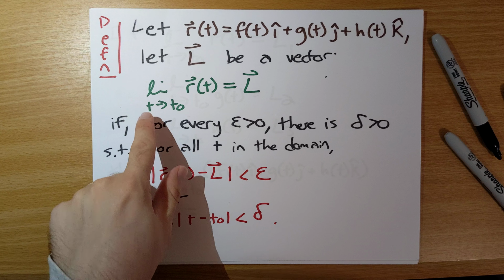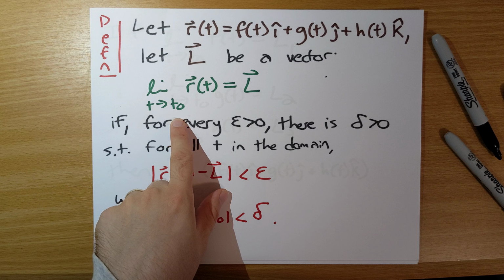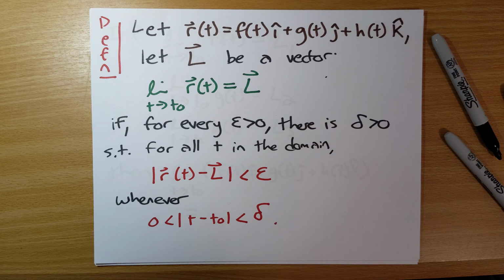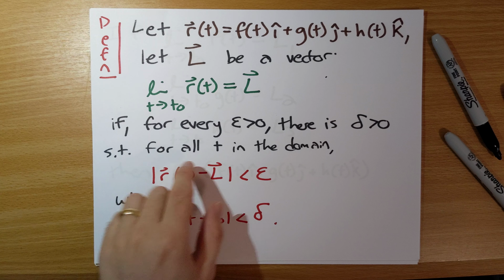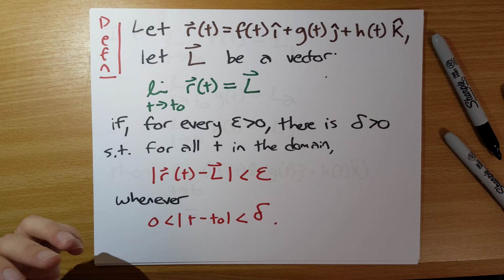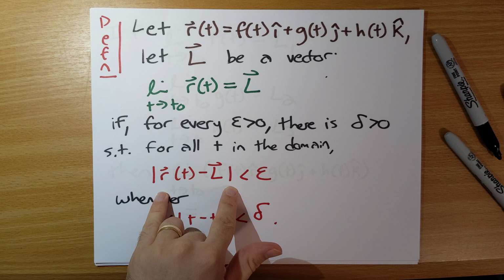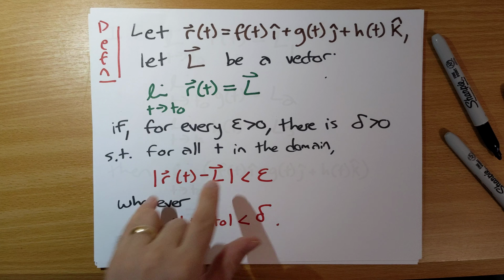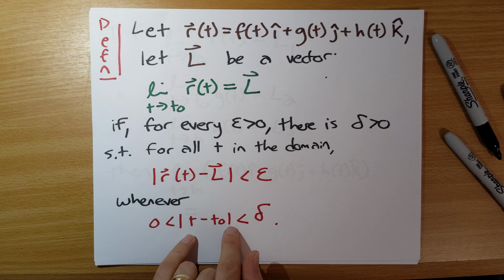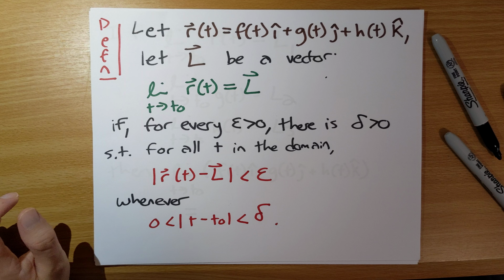So we say that the limit as t goes to a particular value, like the limit as t goes to 7, of r of t is equal to this particular vector L, like the vector would be 1, 2, 3, if for every epsilon greater than 0, there's a delta greater than 0, such that for all t in the domain, the absolute value, which here is actually a magnitude, a length, of r of t minus L is less than epsilon, whenever the absolute value of t minus t naught is strictly between 0 and delta.